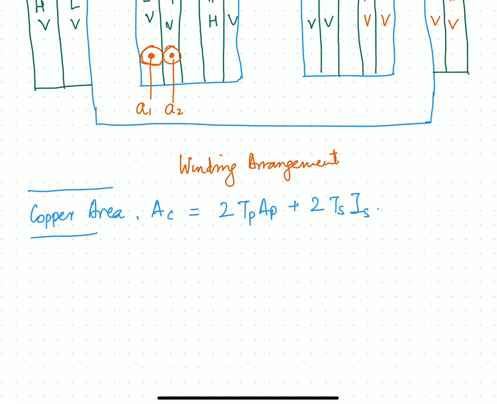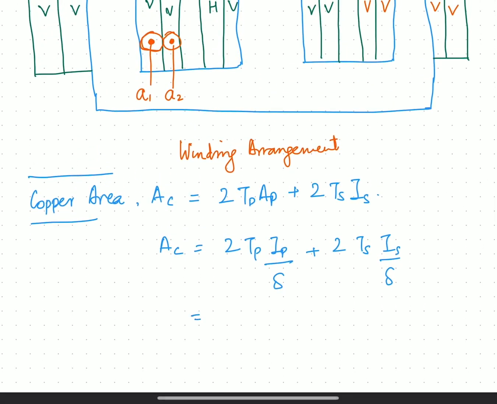Then if you follow the previous derivations of the single phase transformer, you will see that this Ac can be manipulated and written as this. It's 2 times Tp Ip upon delta plus 2 Ts Is upon delta, which then can be written as 2 over delta times Tp Ip plus Ts Is.